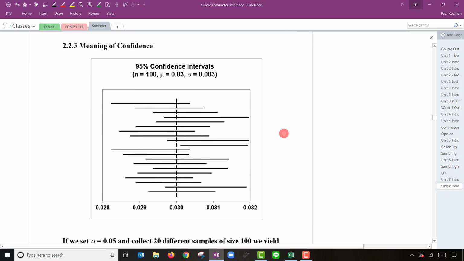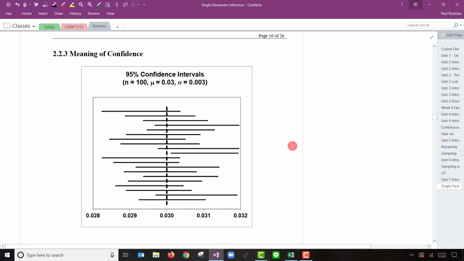I mentioned this earlier about the meaning of confidence intervals. I lost my spreadsheet for this, but I created a spreadsheet where I would generate 100 random values, and it came from a normal distribution that I knew the mean of and I knew the standard deviation of.